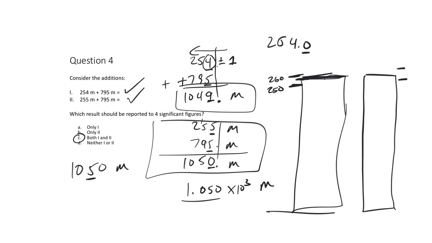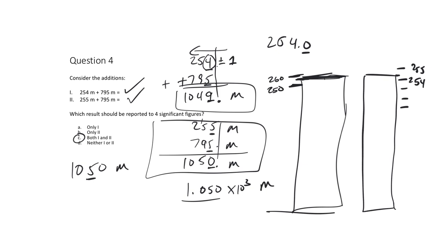So I have maybe 254 here, and I have 255 here. Maybe this device, every meter, has a marking. And then I can determine between here that maybe it looks like 254.3. So if I had a better device, I could more precisely determine that length.